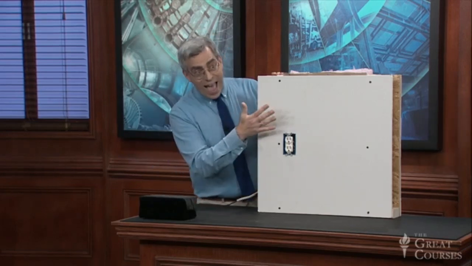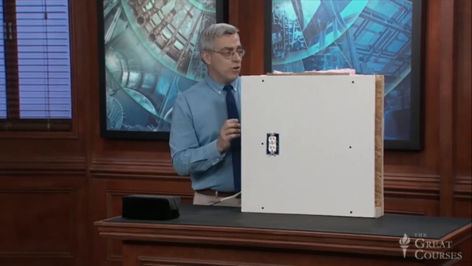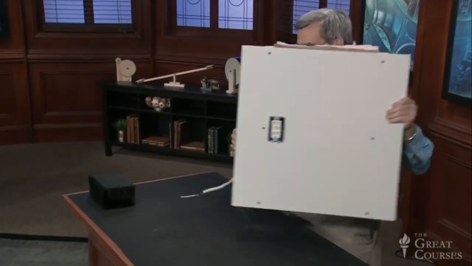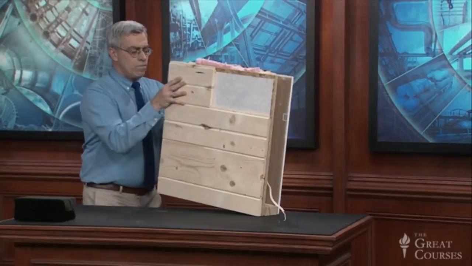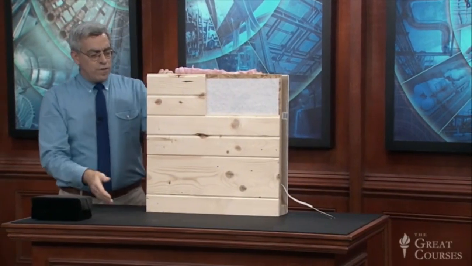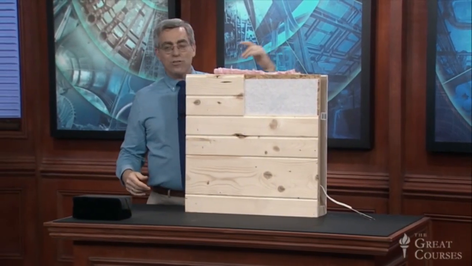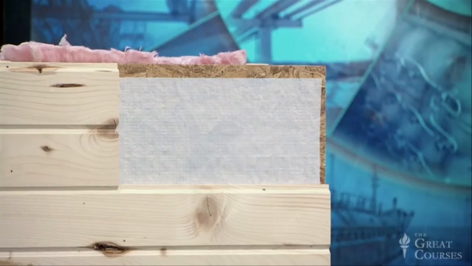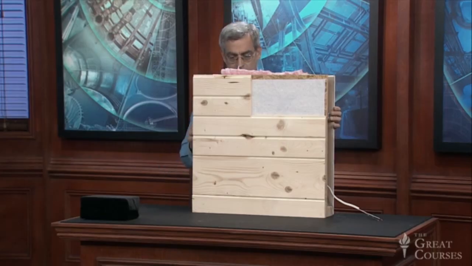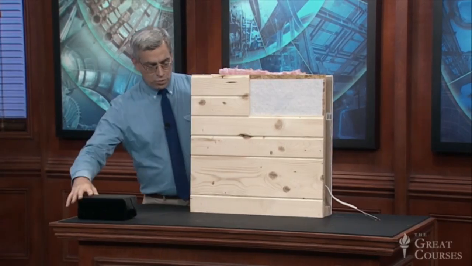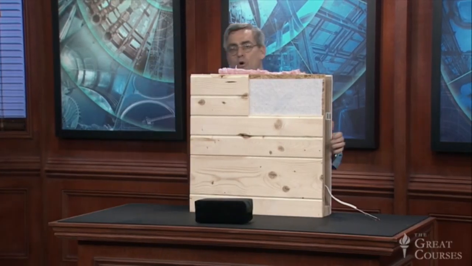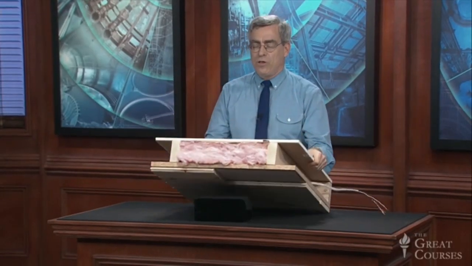Notice that I have now added the sheetrock to the interior of the stud wall, and on the outside, we have some wooden siding applied over the outside of the oriented strand board sheathing. So with this wall system now complete, I'm going to tilt it forward so you can see the cross-section more effectively.